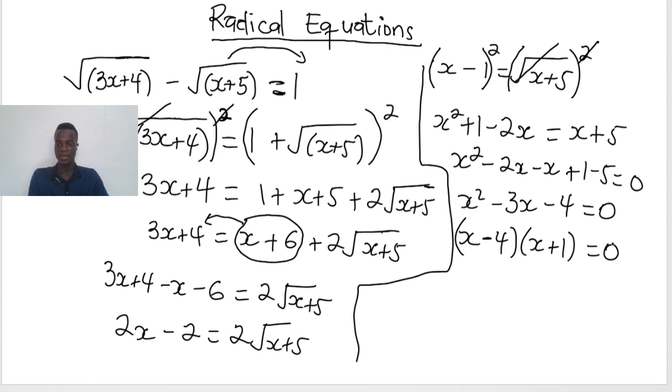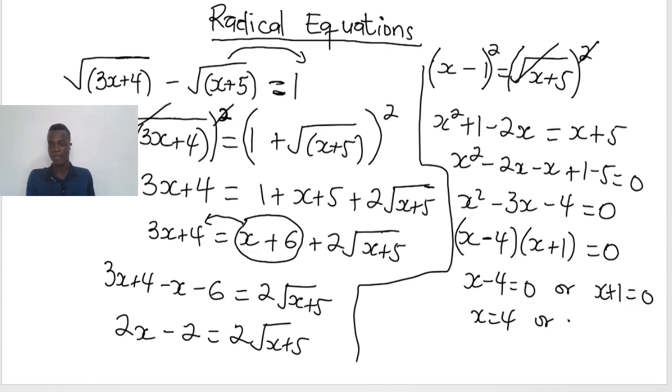This is the factorized form that we have now. So now if you solve this, this is how to solve the factorized form: x minus 4 is equal to 0, or x plus 1 equals to 0. So we have x is equal to 4, or x is equal to negative 1.